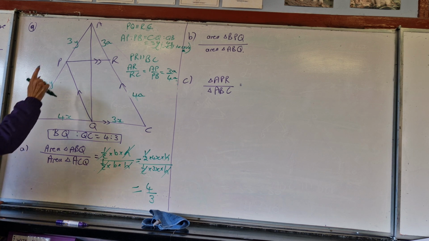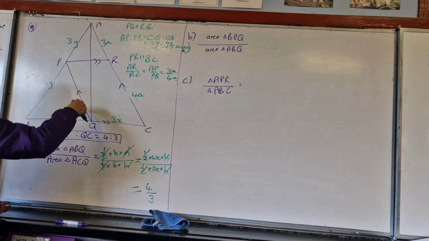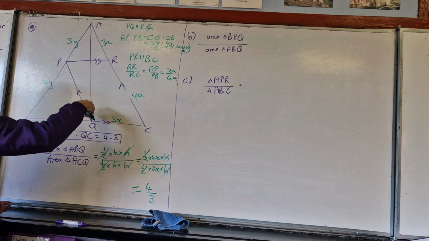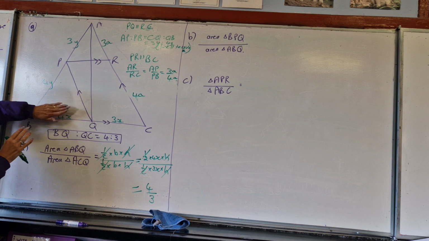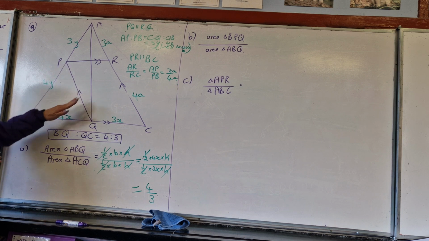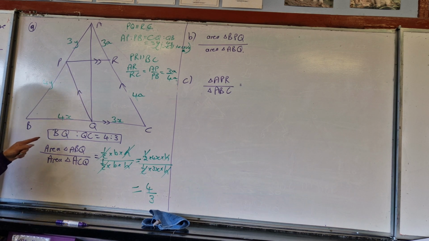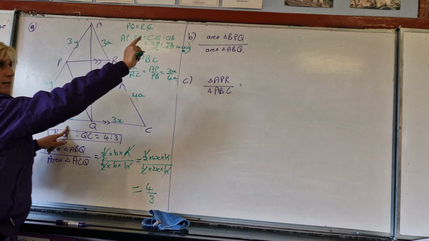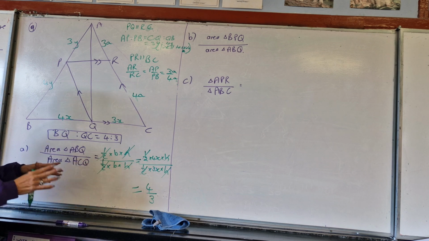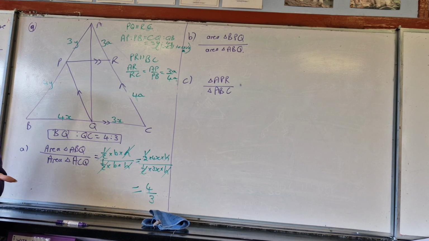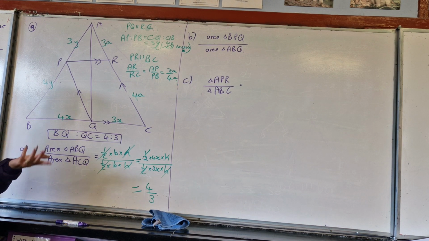So if you have an APQ, where's my base? Sorry, BPQ, I'm sorry. BPQ, what would be my base? 4y. You've got to think, I've got to connect them with each other. So somewhere something like this should happen. The halves are always going to cancel out, right? Half base times height are going to cancel out.